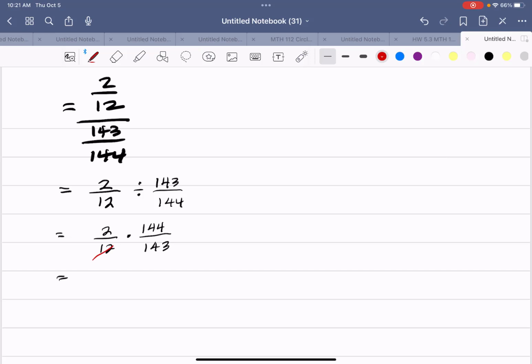And then I can take my 12 into 144 and leave a 12. And that will give me 24 in the numerator and 143 in the denominator. So my tangent of 2 theta is 24 over 143.